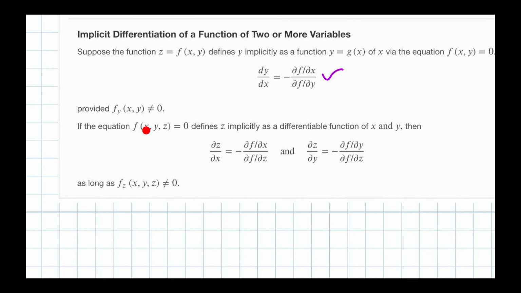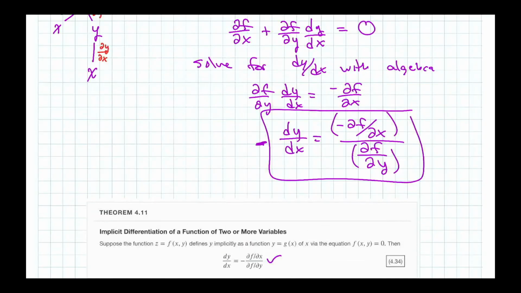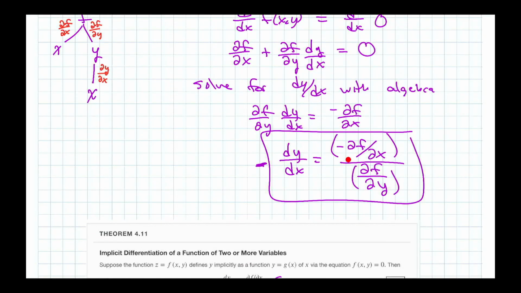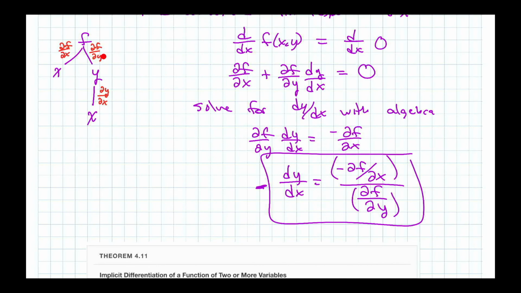And then down here, if you have a function of x, y, and z, then there are more than two partial derivatives you could do, but you could do partial z with respect to x, or partial z with respect to y, and these are formulas. And you'd get these formulas exactly the way that we got this one, which is to say you'd have to make a tree like this.